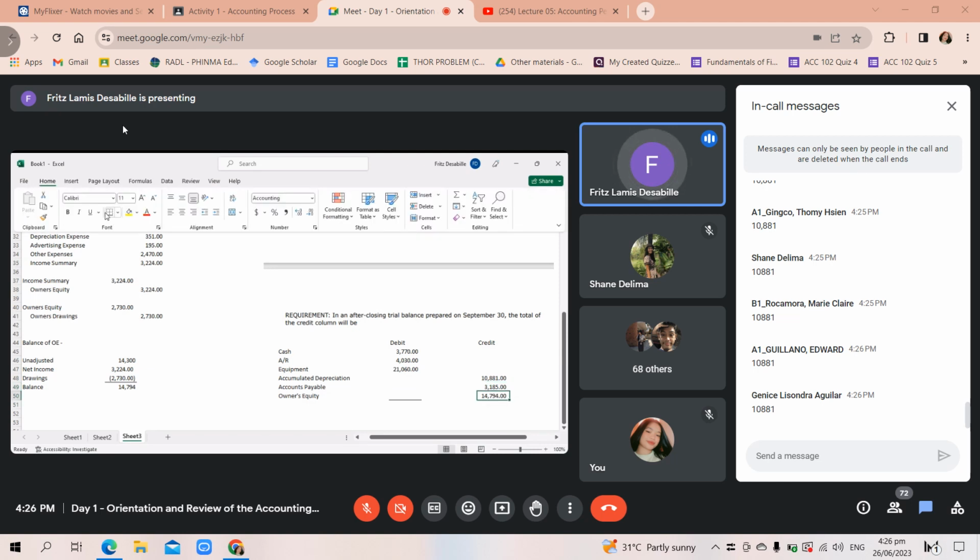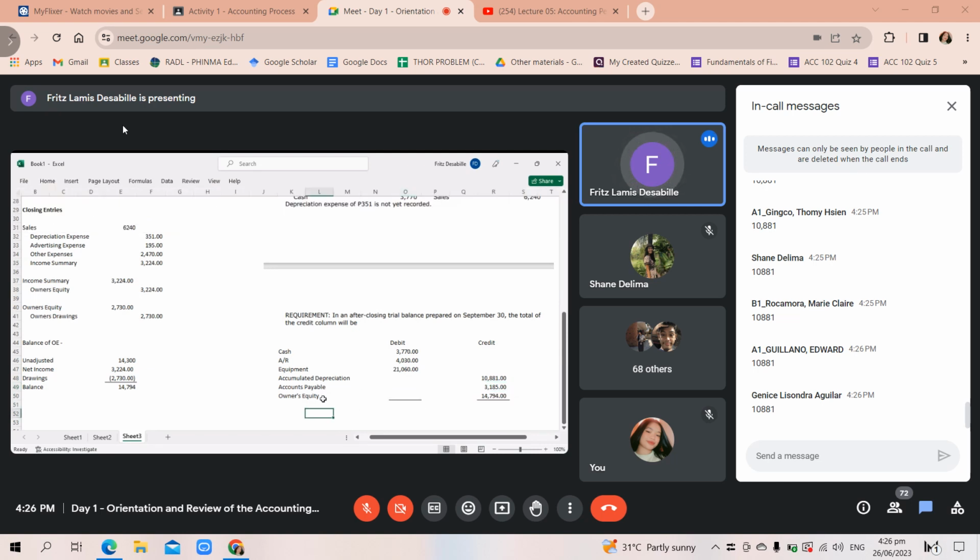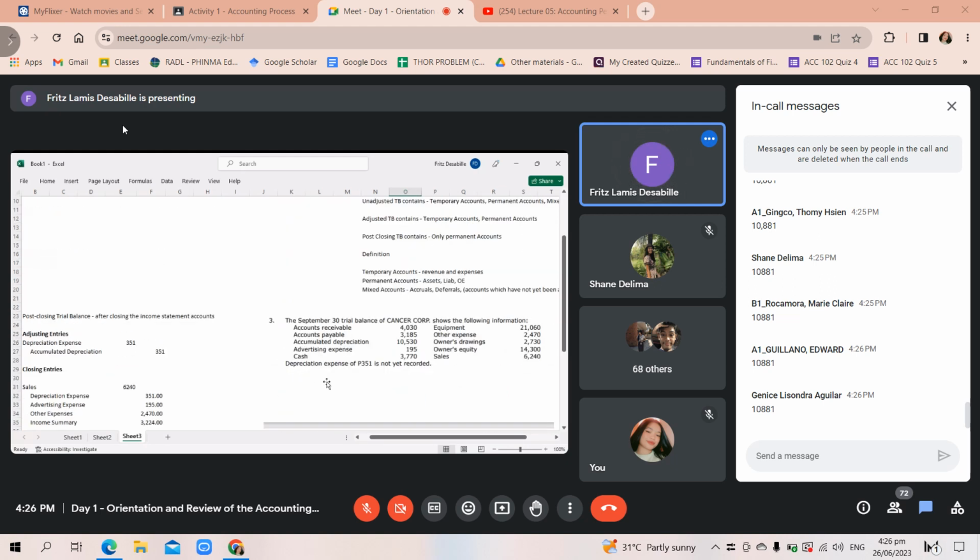Let's see if our answer is correct and if it balances. We'll use the sum formula. It balances, so we're correct. Any questions on this one? This is the last problem. Any questions? Okay.